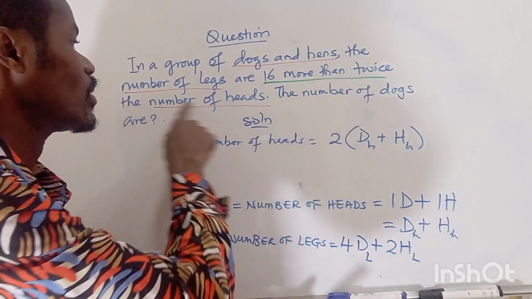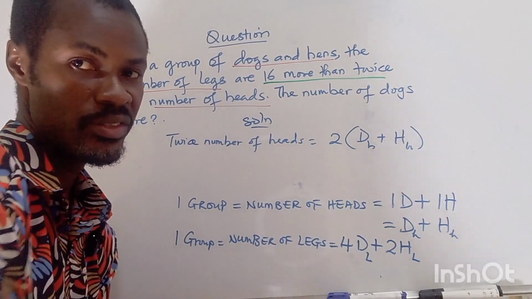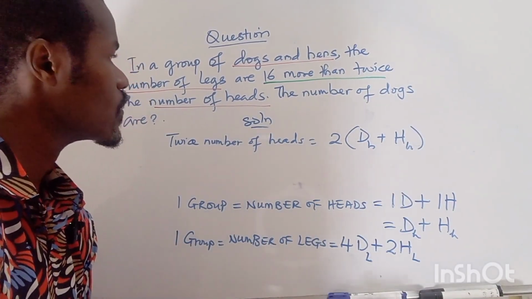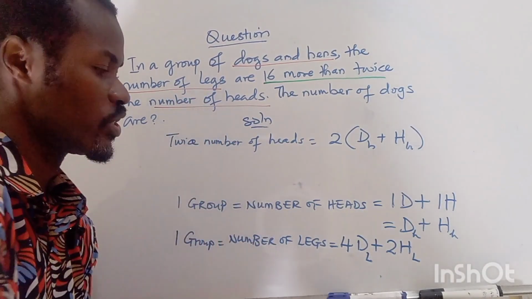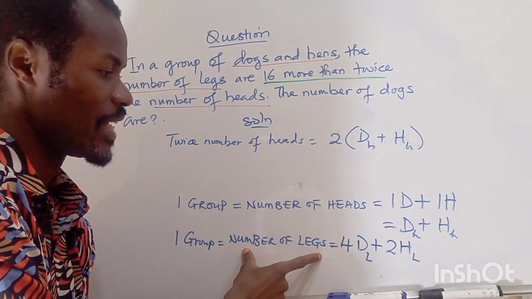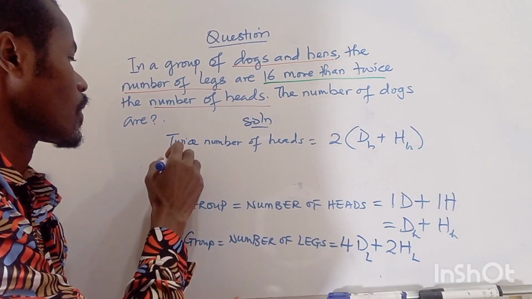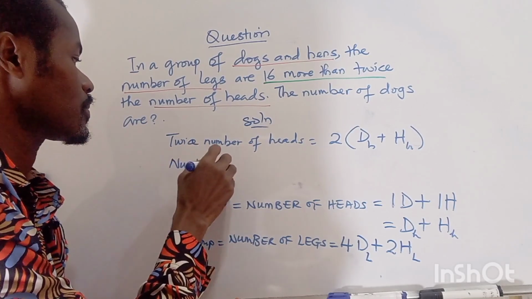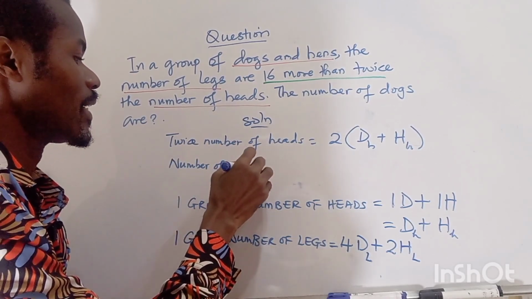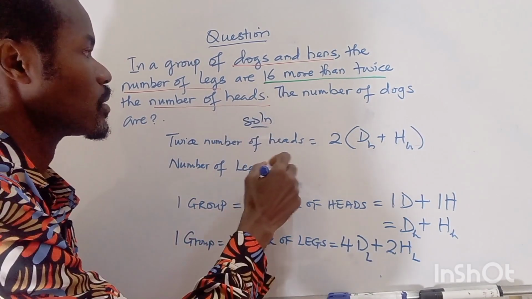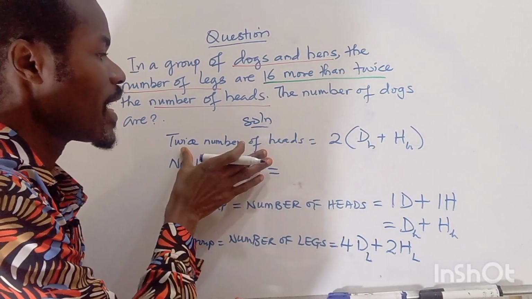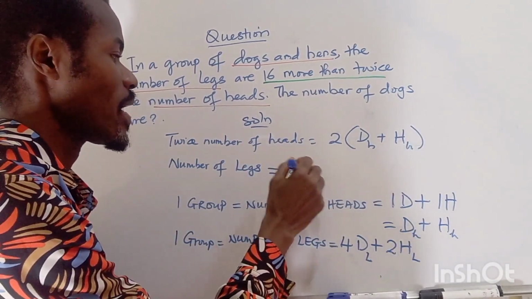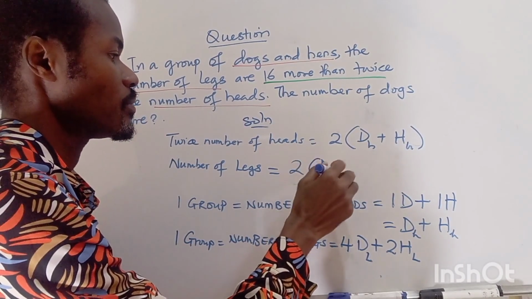So twice the number of heads is this expression. Now the question still says that the number of legs, which is this, is 16 more than twice. So we already have this as twice.